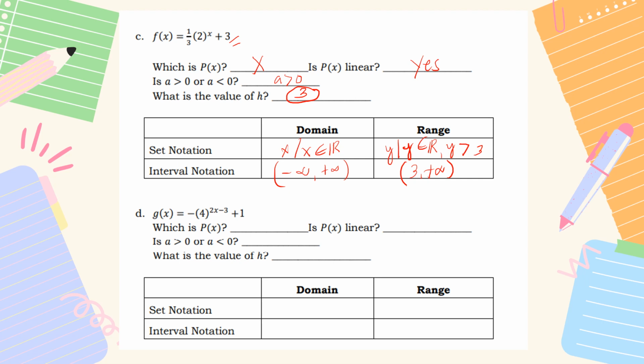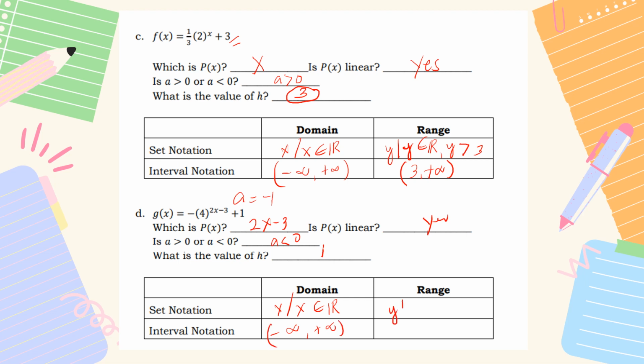Here, we'll have p of x is 2x minus 3. This is linear, of course. Our a here is negative 1. So, this is less than 0. Our h is 1. Using that, let us now give the domain: x such that x are real numbers, from negative infinity to positive infinity.